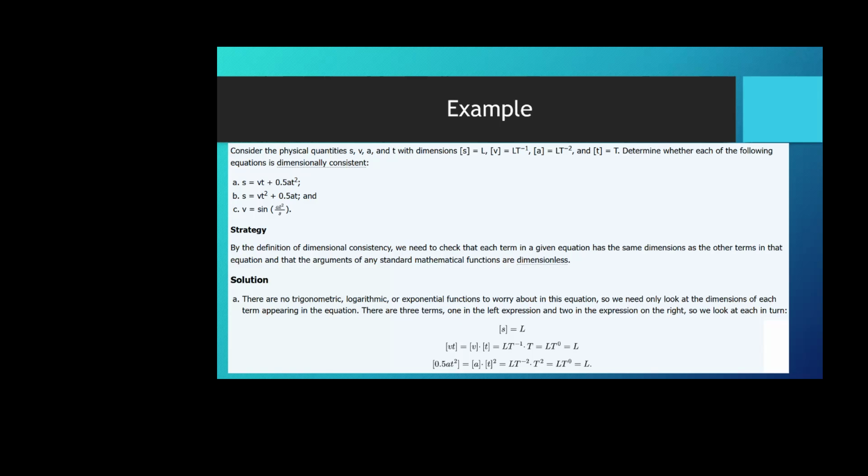Length times time is not consistent with length. And this, length divided by time squared, times time, not consistent. Imagine you have length times time and length divided by time here. So completely inconsistent.